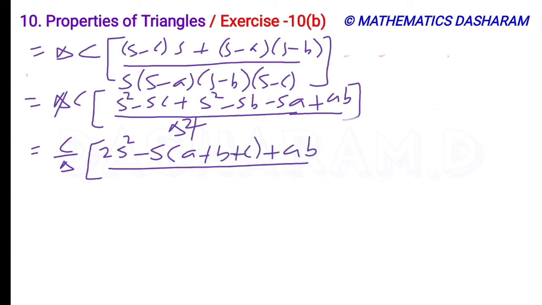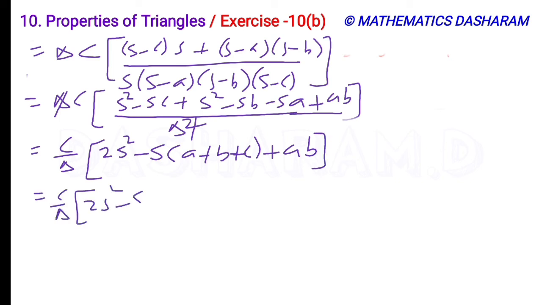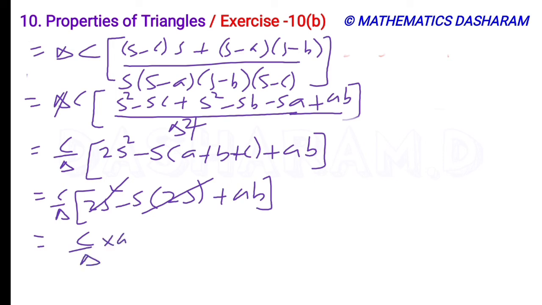So it is equals to C by delta, 2S square minus S into, so here A plus B plus C means 2S, plus A into B. Here S into 2S is 2S square, so 2S square minus 2S square cancel, C divided by delta into AB, so it is equals to ABC divided by delta.